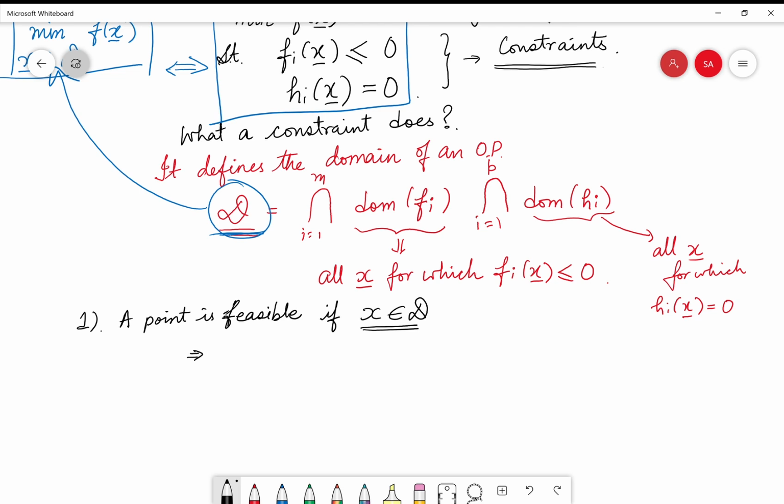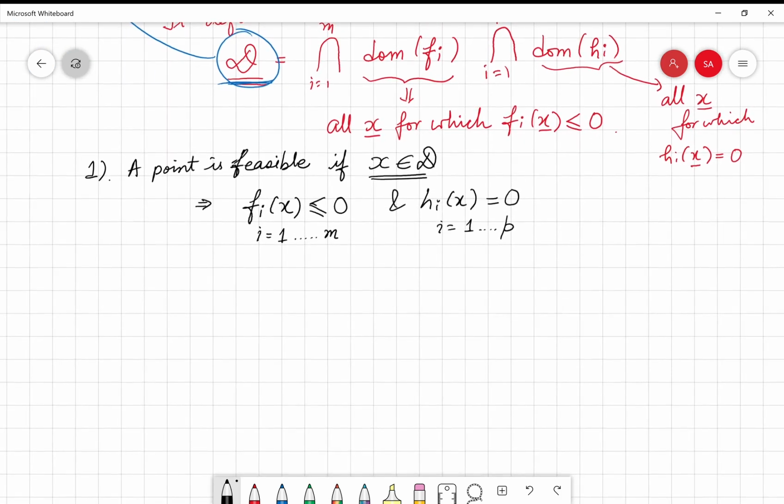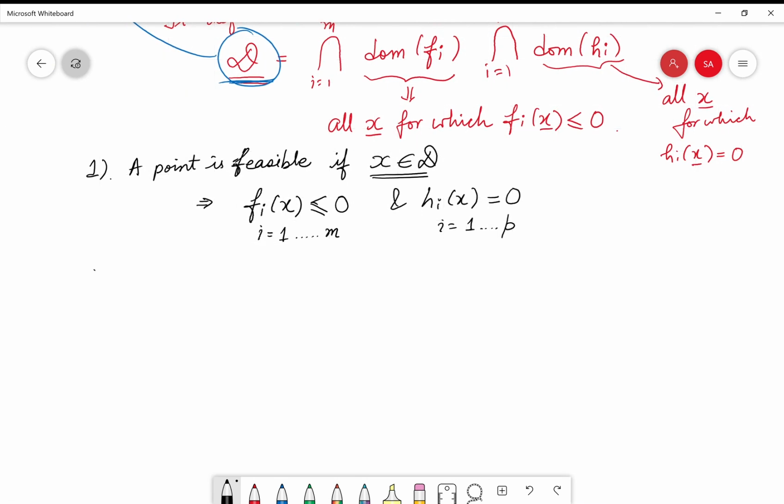It means that f_i(x) is less than or equal to 0 and h_i(x) is equal to 0. Again, here i is for all the inequality constraints, and here i is for all the equality constraints. Fine. So this is the first definition. A point is feasible if it lies in the domain.